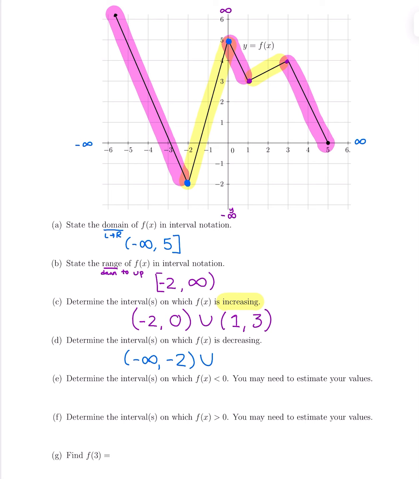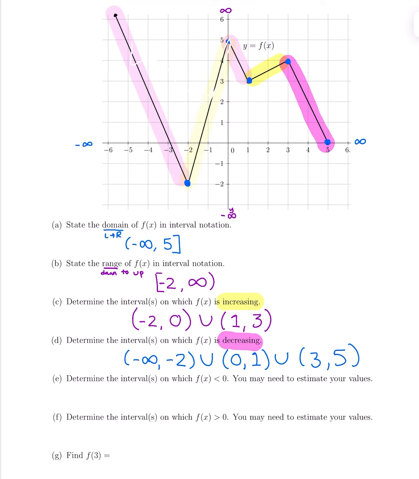So this x value here, the x value is 0. We never use y values. 0 to 1 would be decreasing. And then my final interval starts at the x value 3 and goes to the x value 5. So union 3 to 5, always round parentheses for increasing and decreasing.